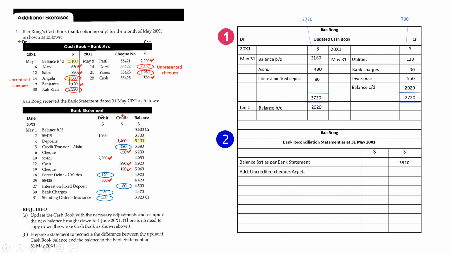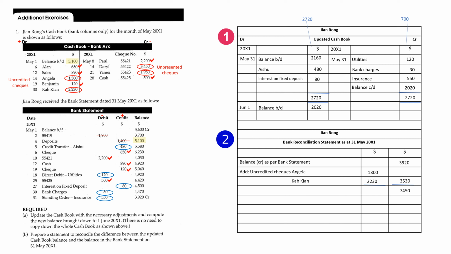Add uncredited check Angela 1300, and then we have to add 2230. This is for Kakian. After that, we draw the line, we sum up the two, so it comes up to 3530, and then we draw a line. So now you use 3920 add 3530, so we have 7450.